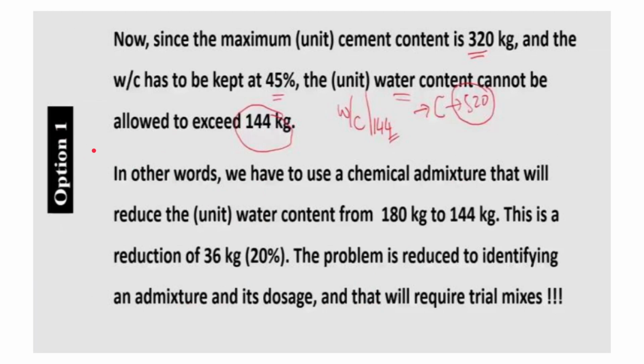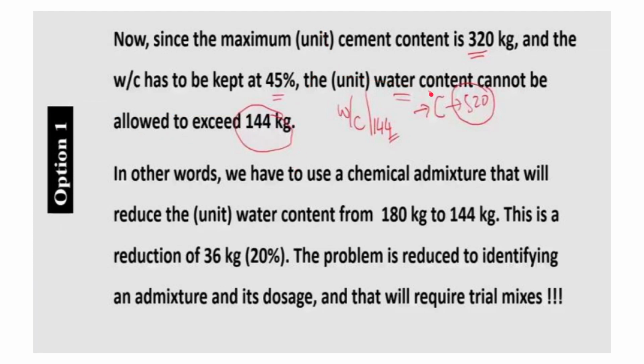So first case, let us use the chemical admixture. Since the maximum cement content is 320 and the W by C has to be kept at 0.45, the unit water content cannot be allowed to exceed a limit.